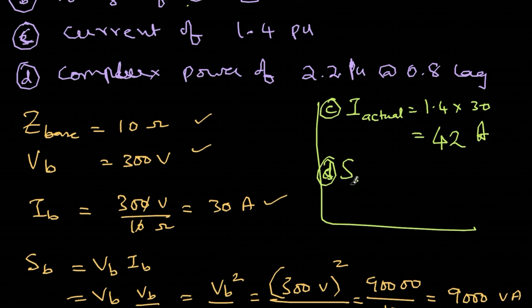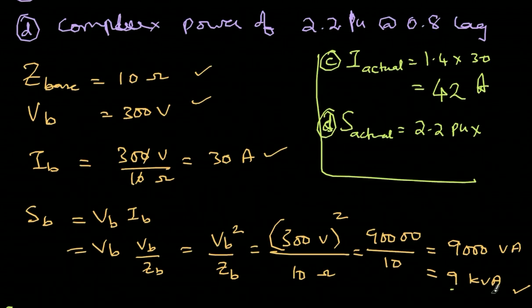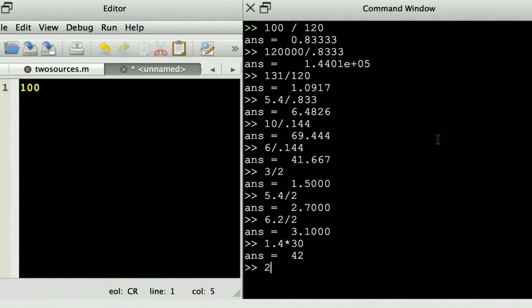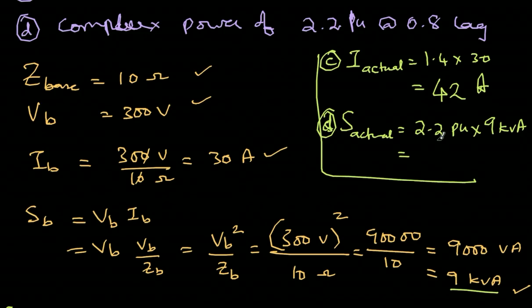So S actual will be 2.2 per unit into 9 kVA, which is my base. So 2.2 into 9 will be 19.8 kilovolt ampere at 0.8 power factor lag.